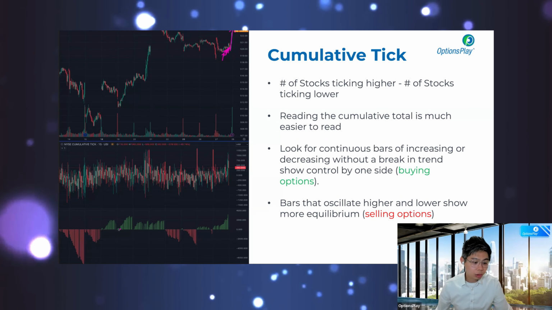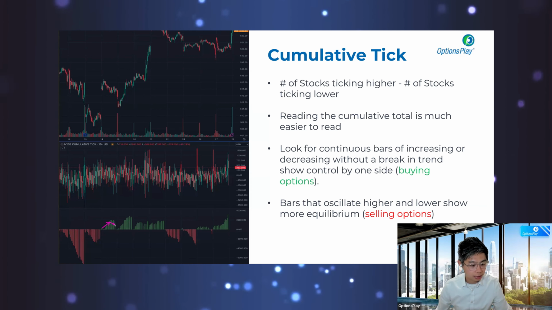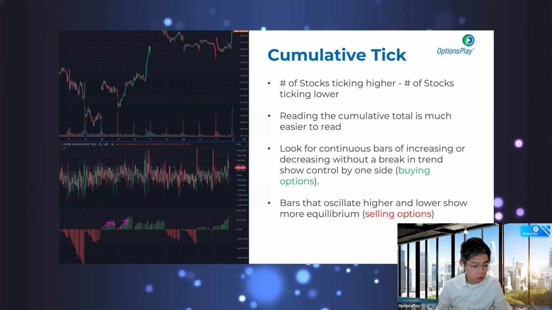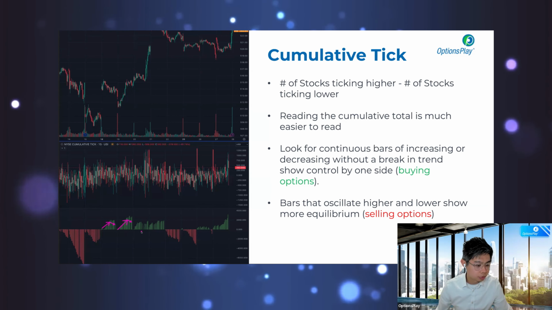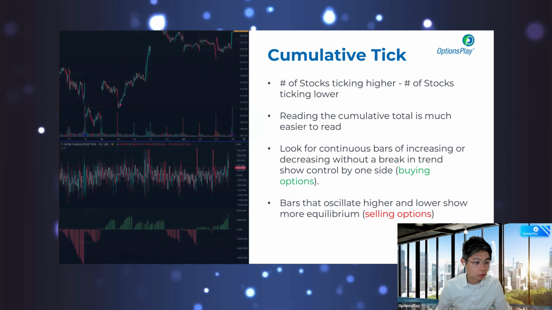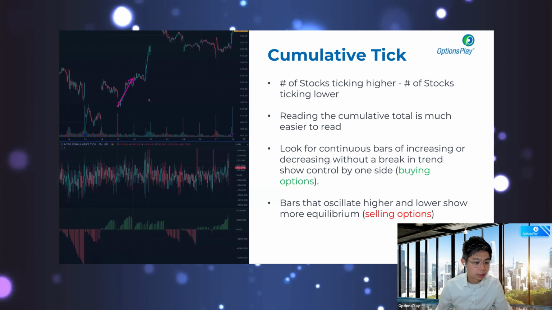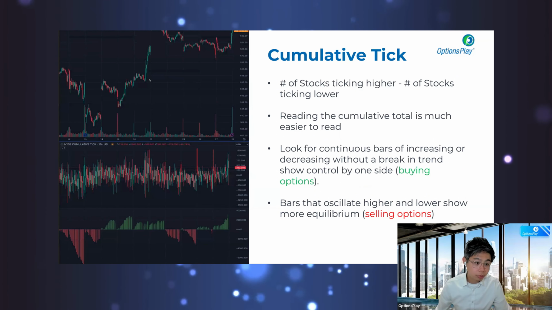And most days you don't really get it. Most days, as you can see, you get a little bit of buying and it kind of dies down. This was a pretty strong day that tapered off a little bit at the end of the day, but buyers maintained control throughout the day. It's not perfect, right?